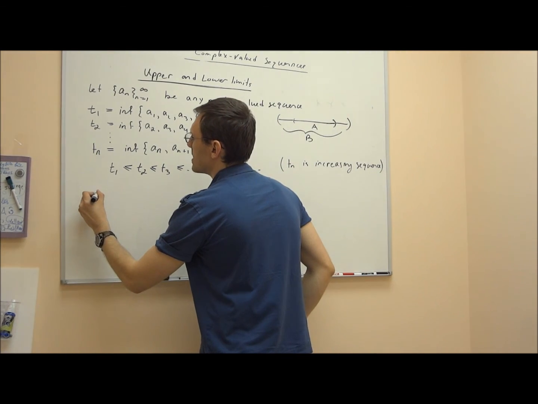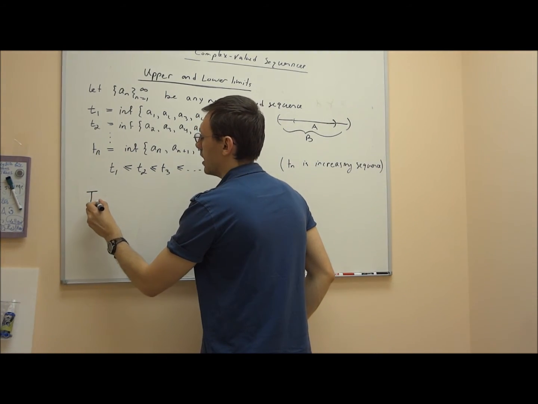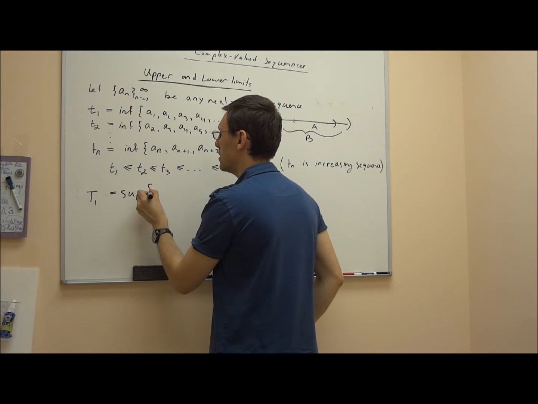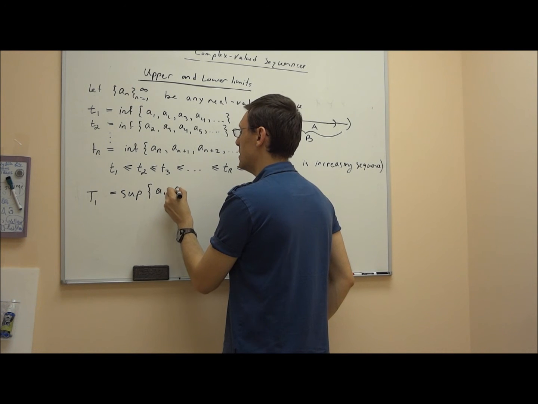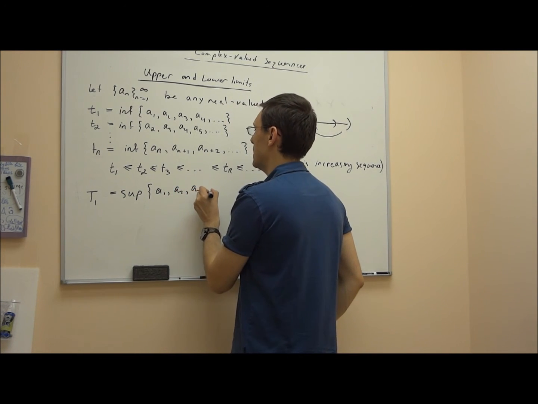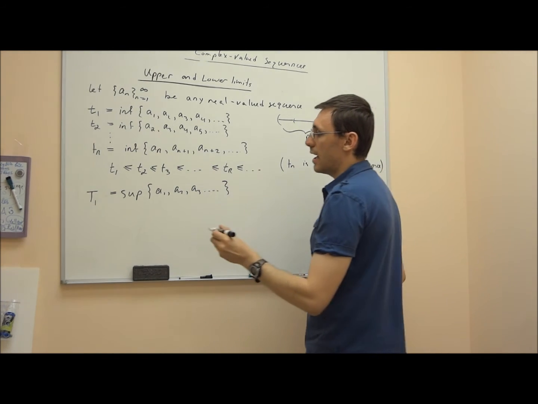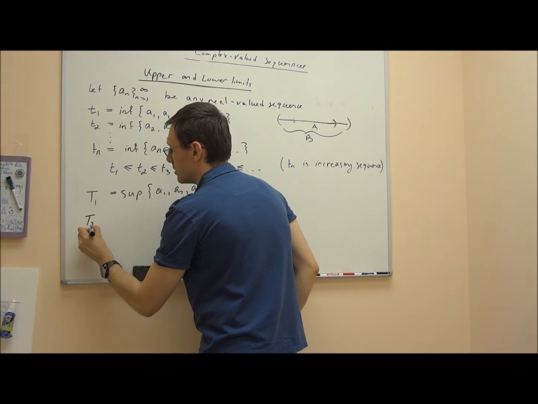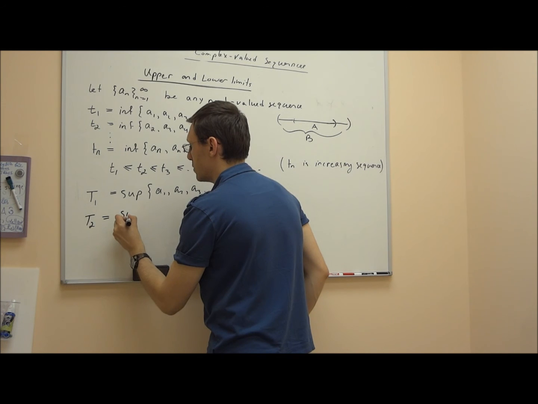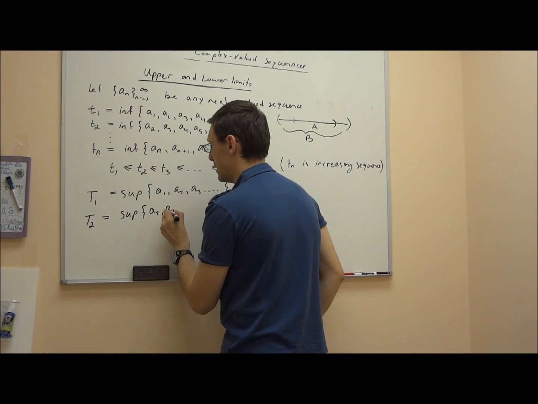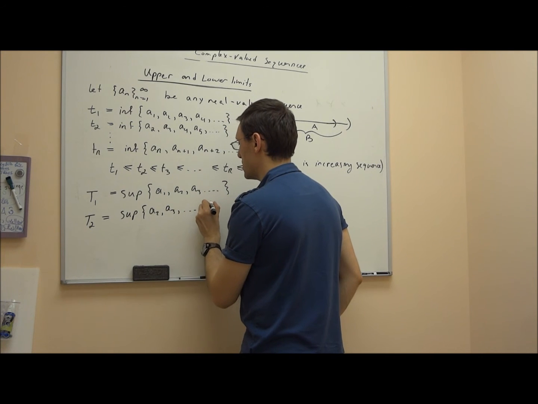Then we can do the same thing and compute capital T1 to be the supremum of the set A1, A2, A3 onwards. And capital T2 is going to be the supremum of A2, A3 onwards.